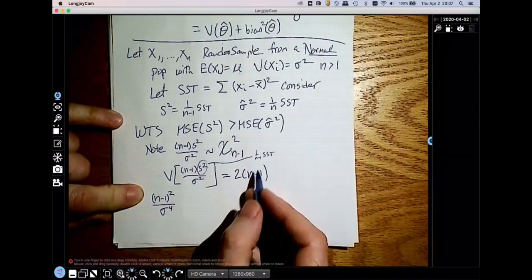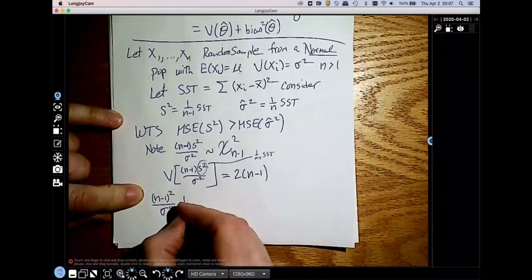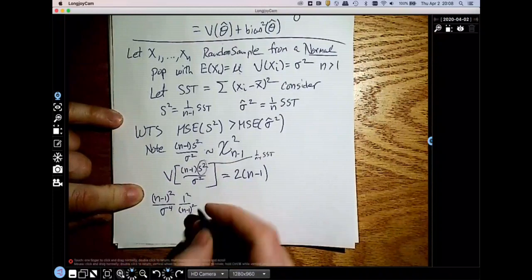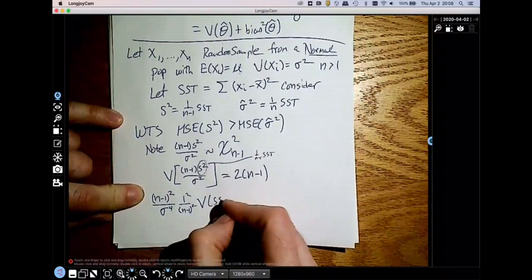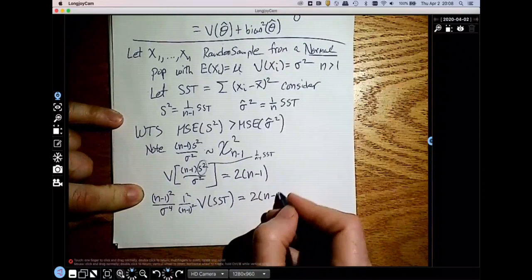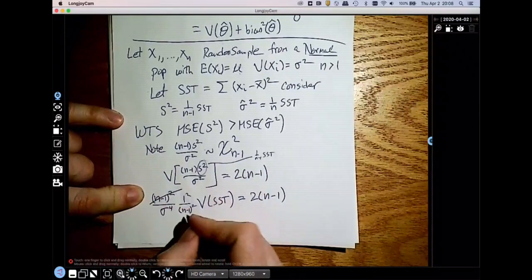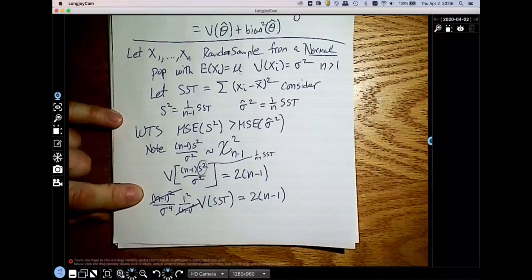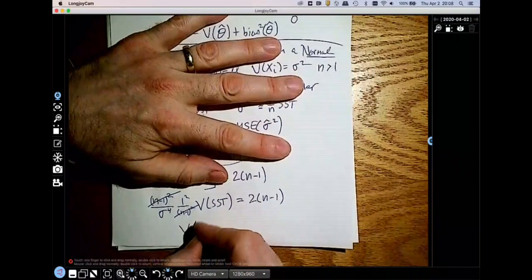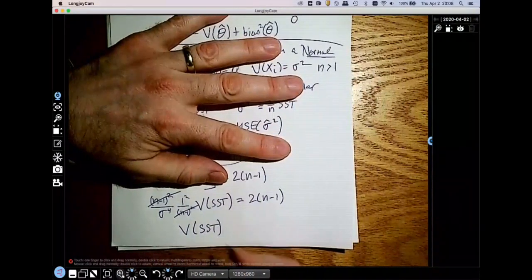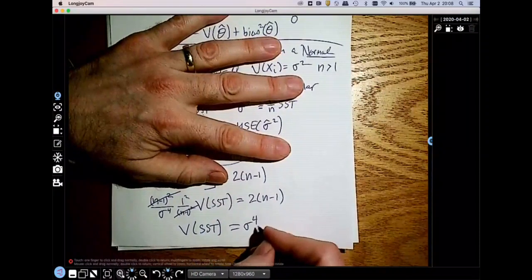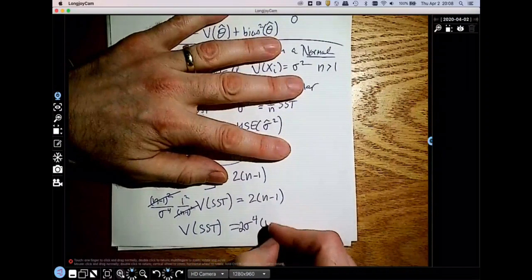So I can bring the 1 over n minus 1 out, 1 over n minus 1, all that gets squared, times the variance of SST. This is all equal to 2 times n minus 1. Now my n minus 1s go away, and so we've just established that the variance of SST is equal to 2 sigma to the 4th times n minus 1.